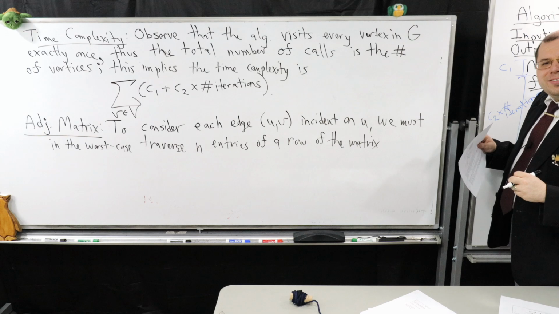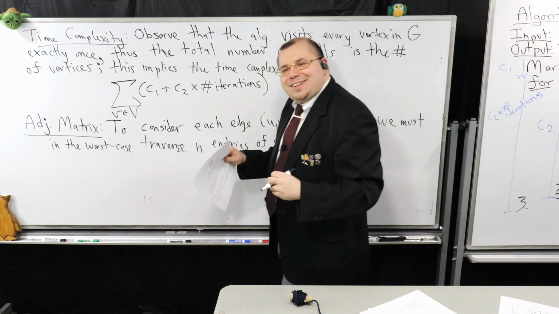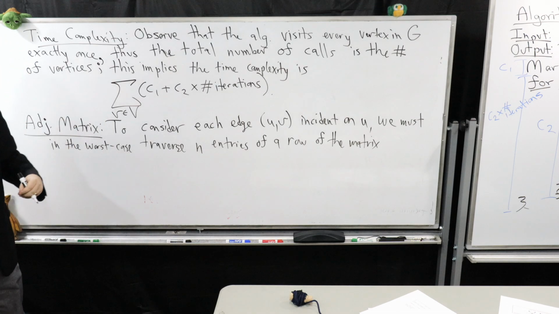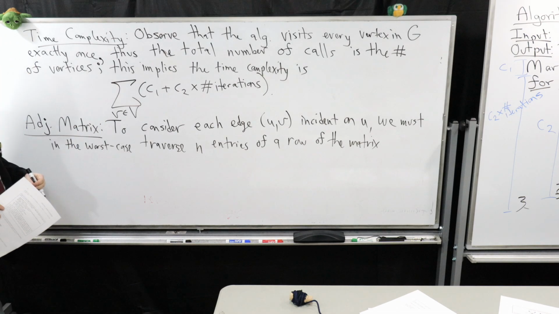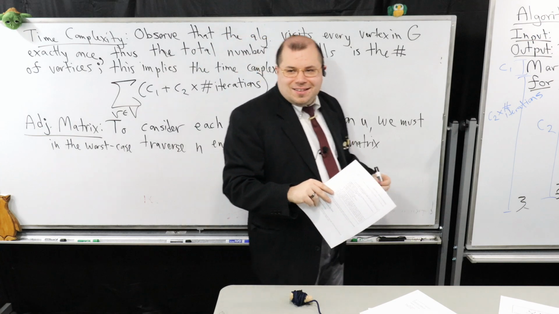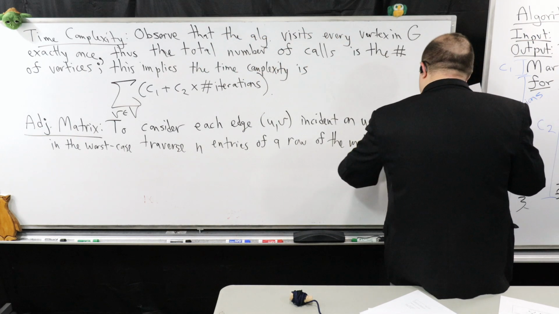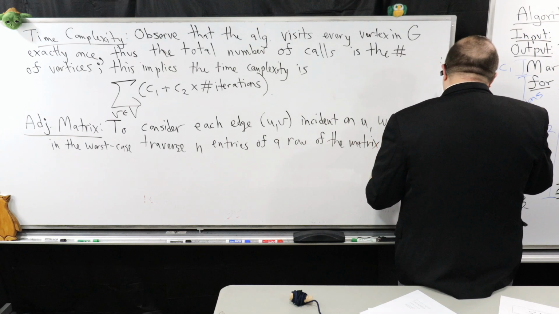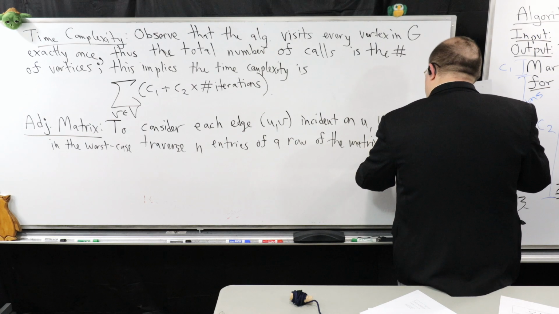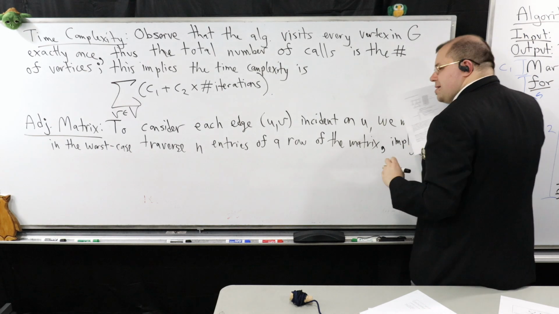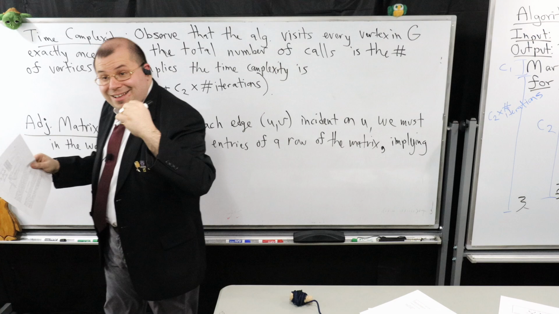Remember I said that the other day. So the question is, how long does it take me to compute the incident edges of a given vertex? It's not constant. It's linear. Yeah, it's big O of n.